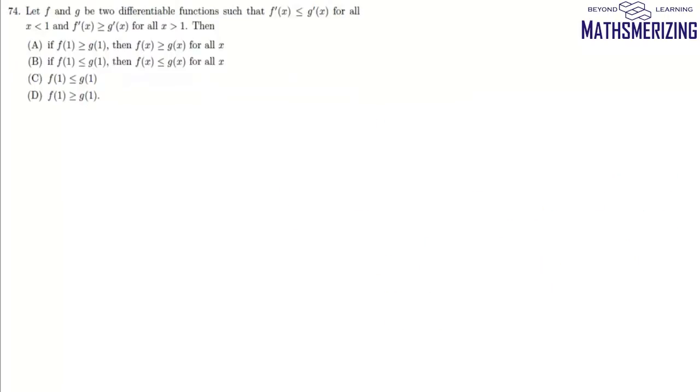Now question number 74 is, we are given two functions such that f dash x minus g dash x is less than or equal to 0 when x is less than 1, and f dash x minus g dash x is greater than or equal to 0 when x is greater than 1. Now we need to find the relationship between f(x) and g(x).